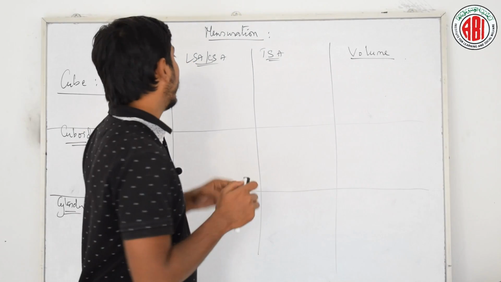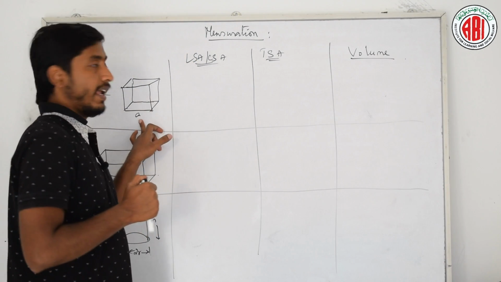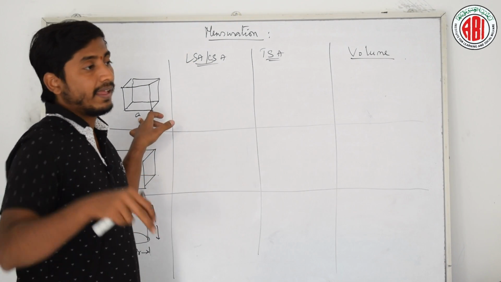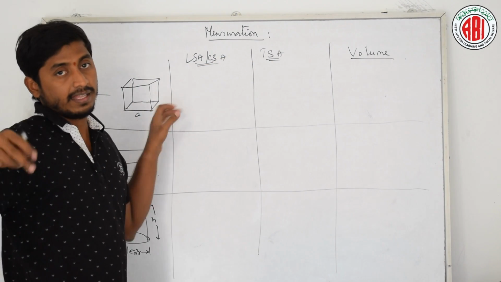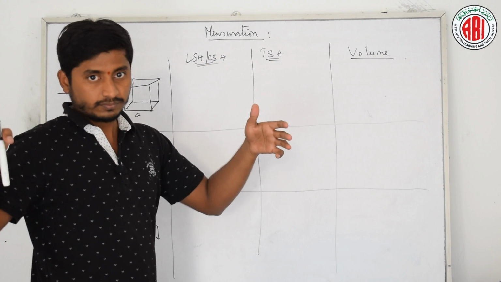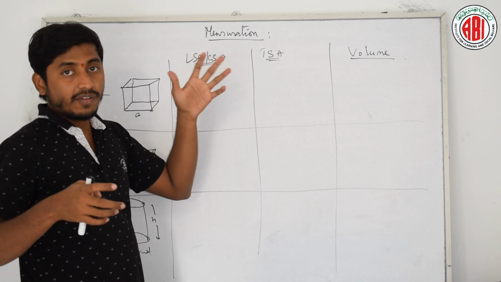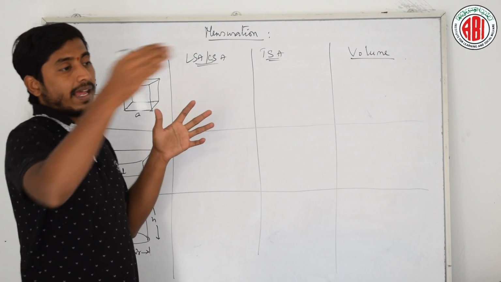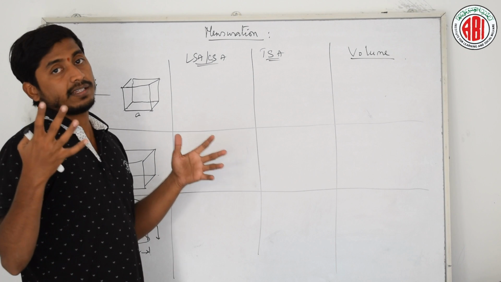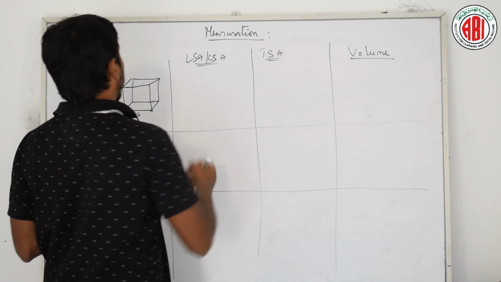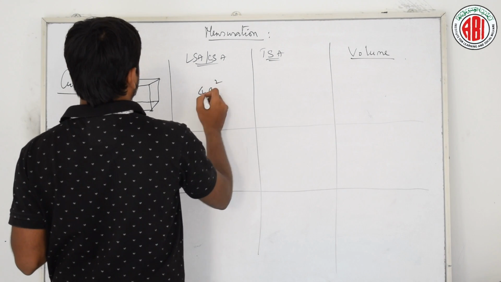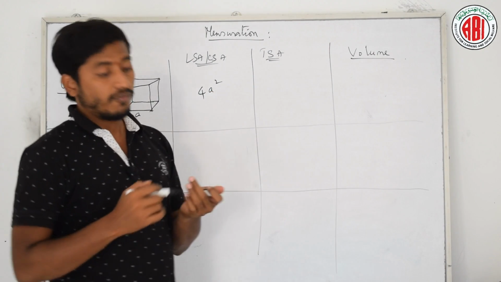If I say each side is a, then it will have a lateral surface area, that is the 4 sides. Each side is a square with area a square, so the lateral surface area includes 4 sides. That will be LSA for this is 4a square. What about TSA?